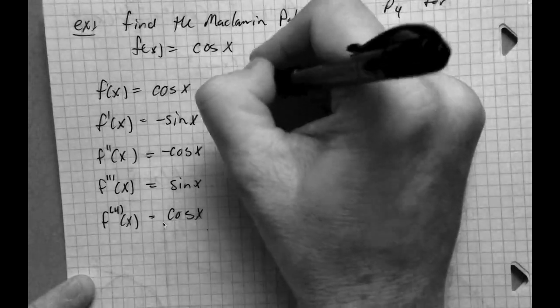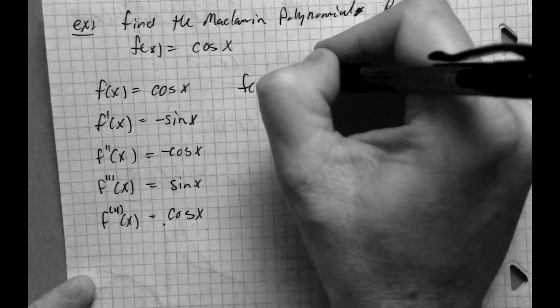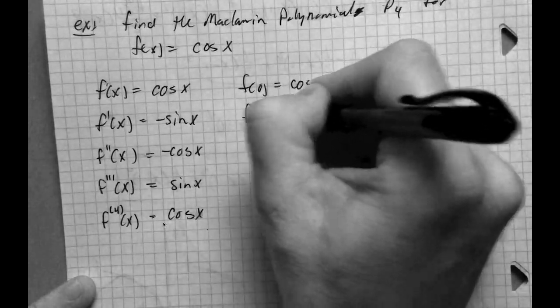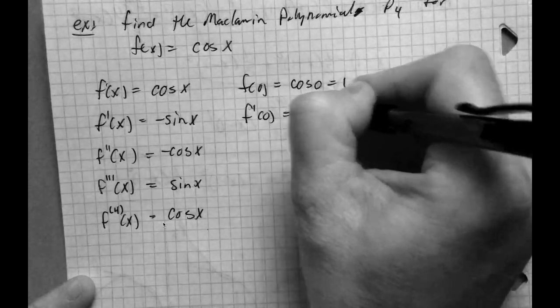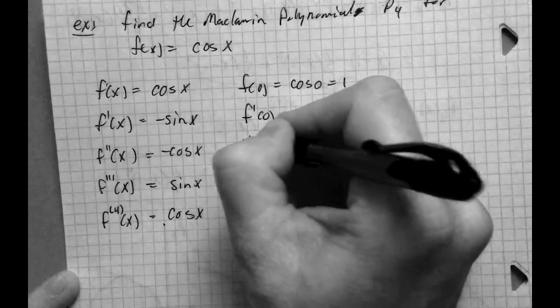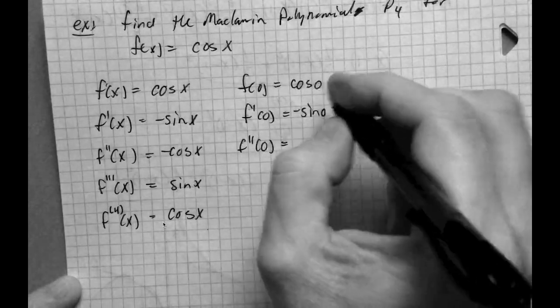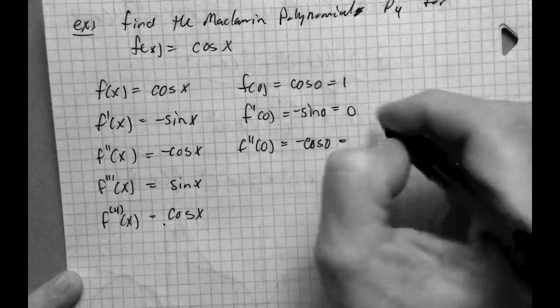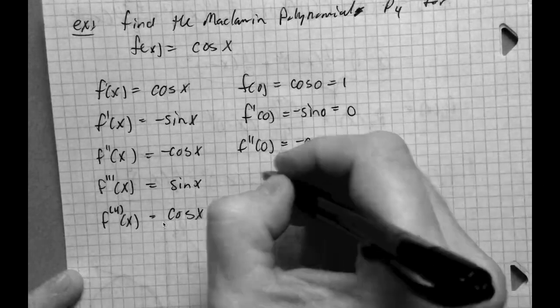Okay, and so that means f of 0 then is cos 0, which is 1. F prime of 0 is negative sine of 0, which is 0. F double prime of 0 is negative cos 0. Well, if cos 0 is 1, then negative cos 0 is negative 1.